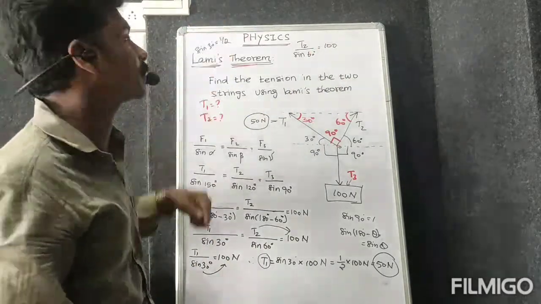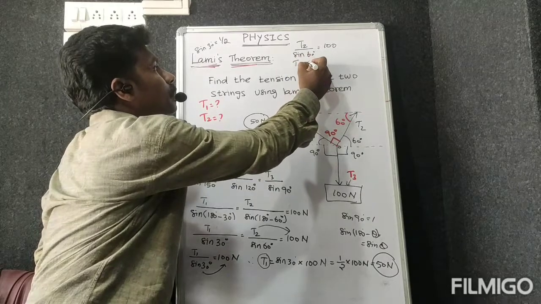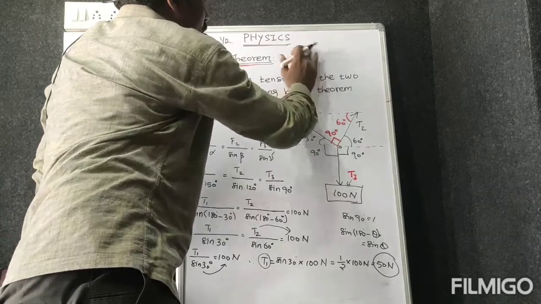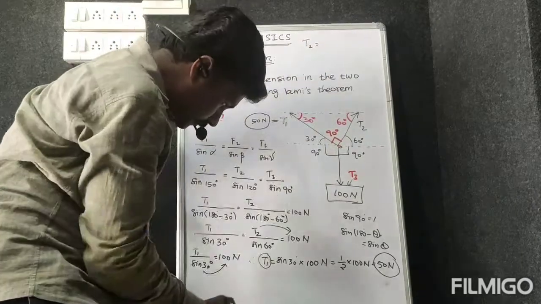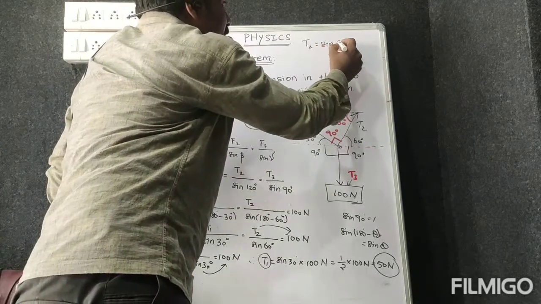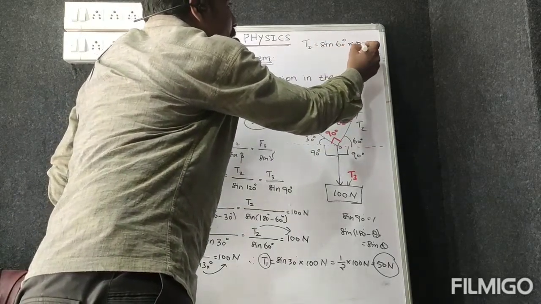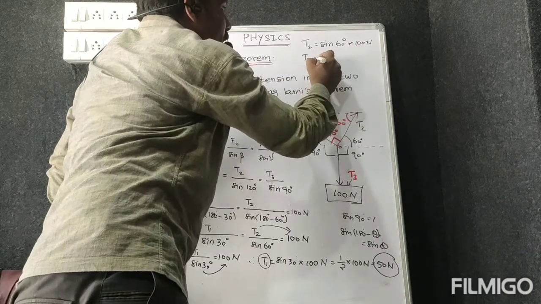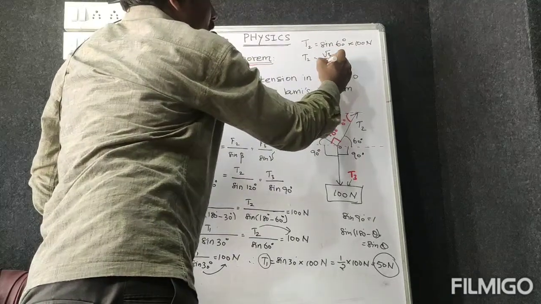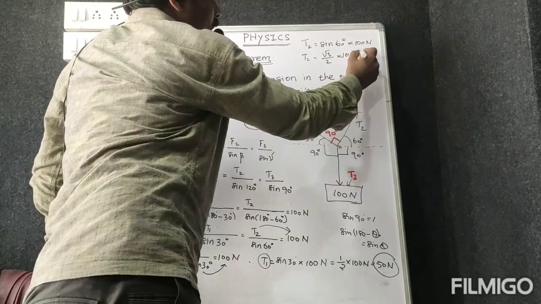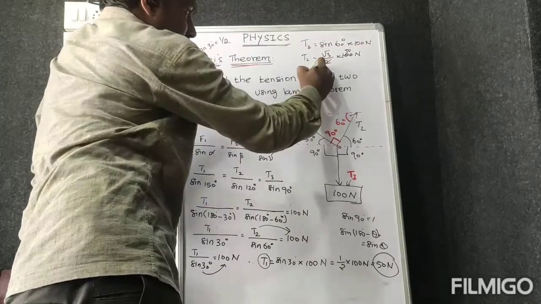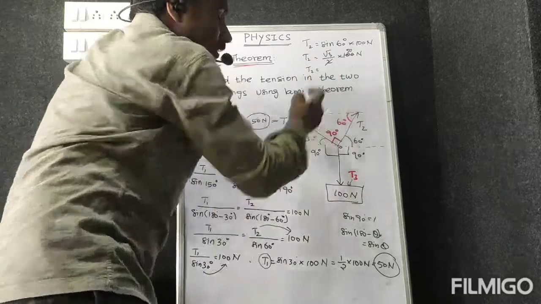Therefore, T2 is equal to 100 into sin 60. Sin 60, you know, is root 3 by 2. Root 3 by 2 into 100 Newton. So the 100 and 2 cancel, and we get 50. So finally T2 is equal to root 3 value times 50 Newton.